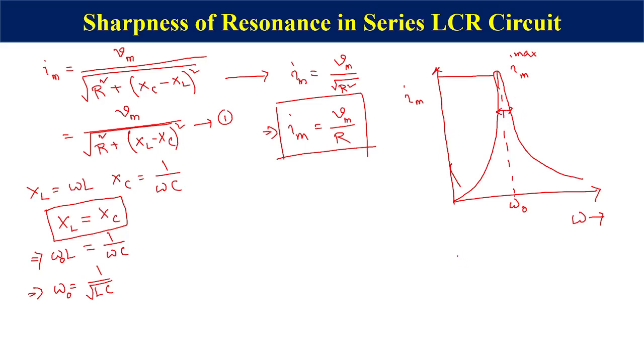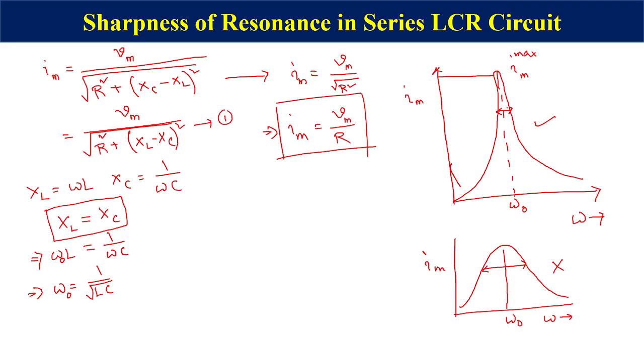If for a particular circuit I get a graph like this, then if the question is which one is the sharper circuit, it is very easy for us to answer that this one is sharper, and this one is less sharp. How do we get that perception? We get it just by considering the width of this particular zone. Here the width is larger and here the width is less.